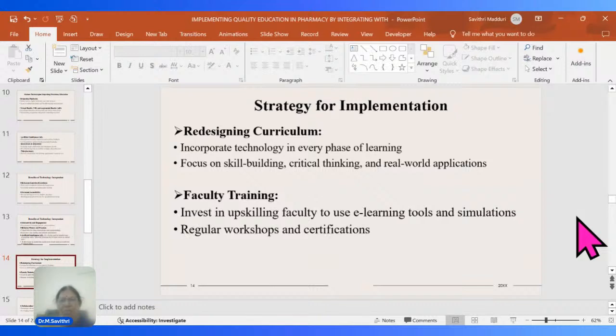From the first year, if you start implementing these tools, they get good encouragement and motivation, and skill building will also be focused. They start thinking critically and about real world applications, so that slowly they get attracted to our pharmacy profession. As I said, inorganic chemistry can be taught not by going directly into the lesson.